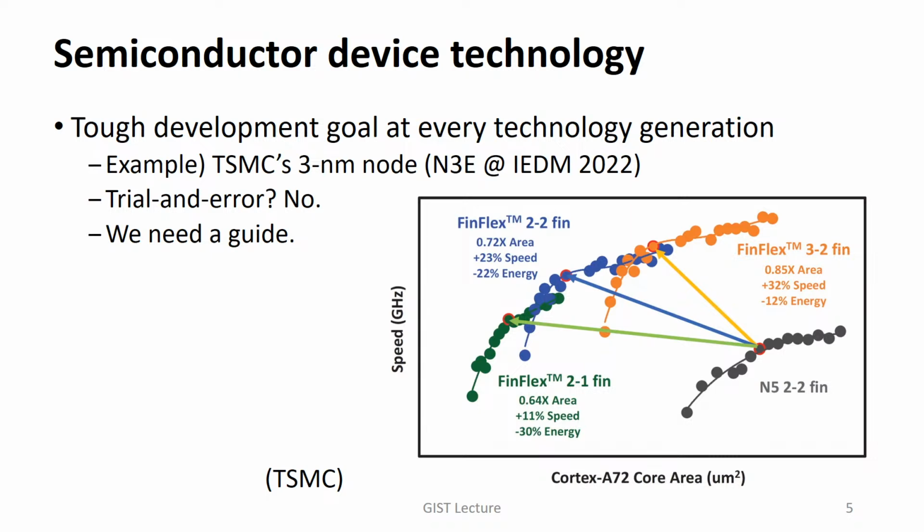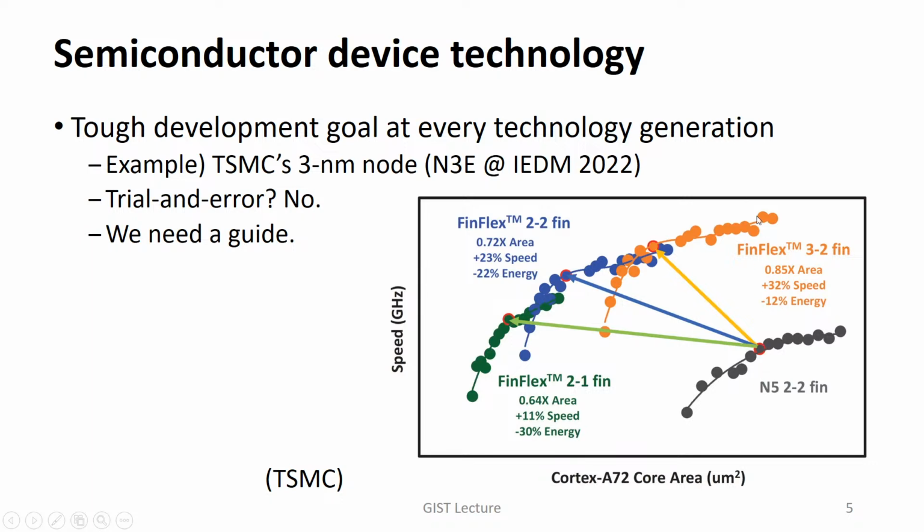This figure is taken from TSMC's last IDM presentation. Compared with their own N5 node, their enhanced N3 node has better performance in terms of area and speed. This direction corresponds to smaller area, a good direction.